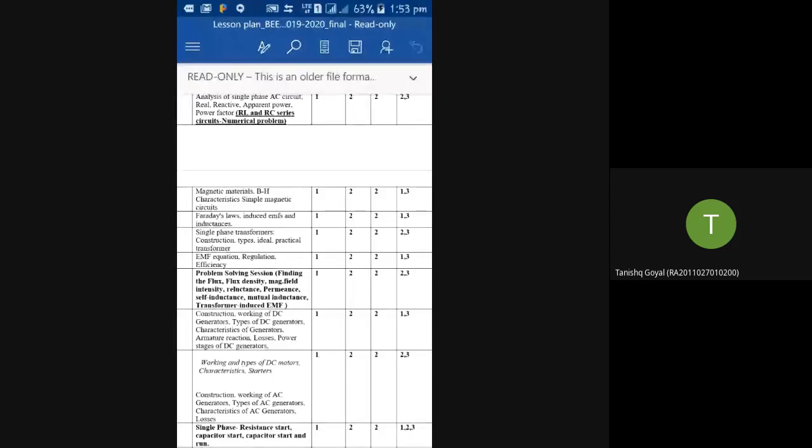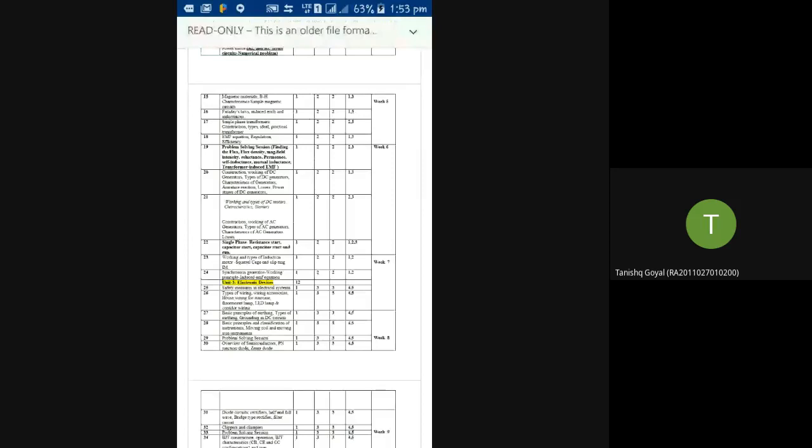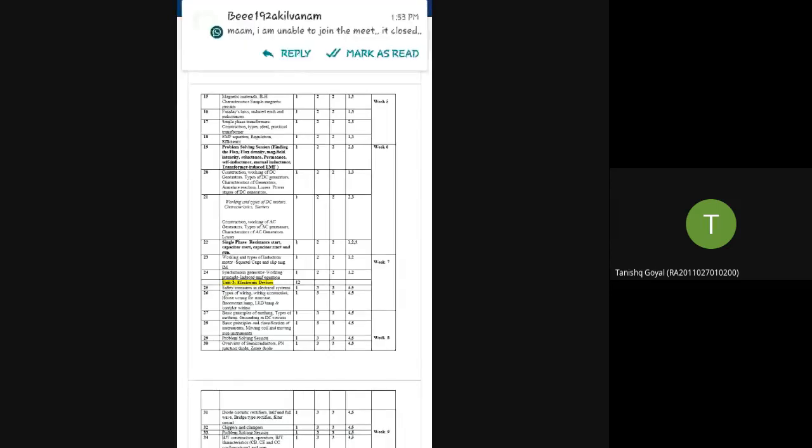Next class we will discuss magnetic circuits. I think you must have studied basics of magnetic circuits in your physics class. What are magnetic materials, all those things. Okay, with this we will wind up the class. Do you have any other doubts?